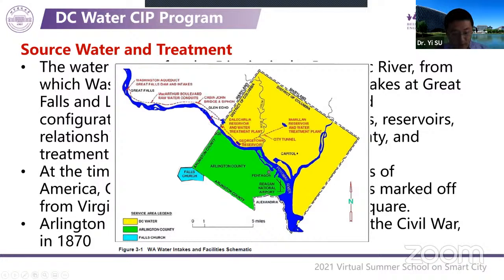This shows the schematic location and the configuration of the intakes, conduits, reservoirs, relationship to Falls Church, Arlington, actually in Virginia, and the treatment facilities. At the time of the founding of the United States, DC was a diamond shape of about 100 square miles. But after the Civil War, Arlington became its own county.